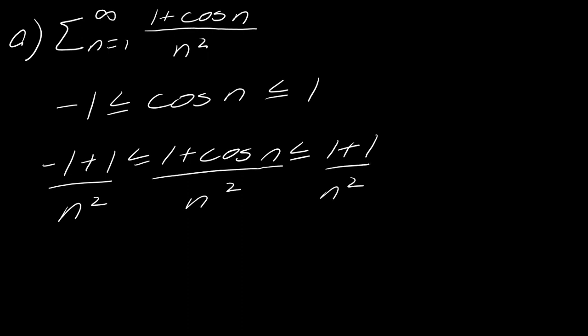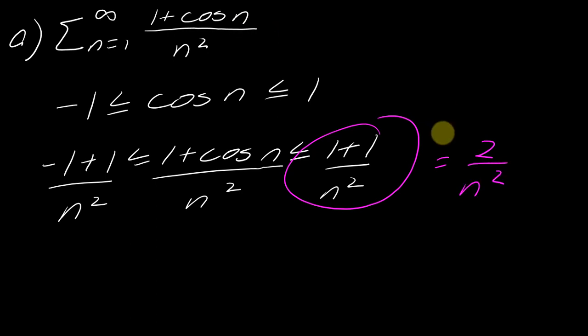So this kind of builds up a pretty good comparison. And so this equals 2 over n squared. I would like to make this comparison. This is just 0, so this is not very helpful, but 2 over n squared is going to hopefully make a pretty good comparison.